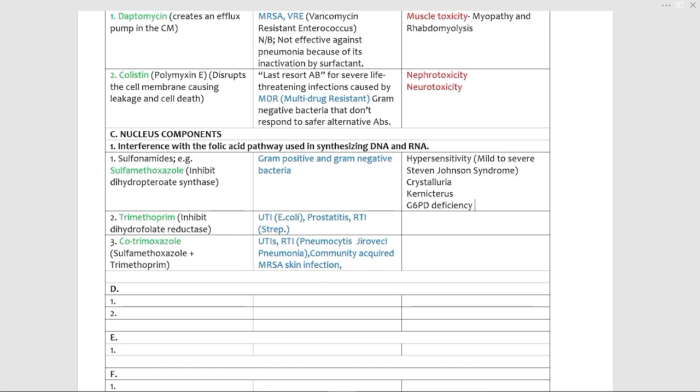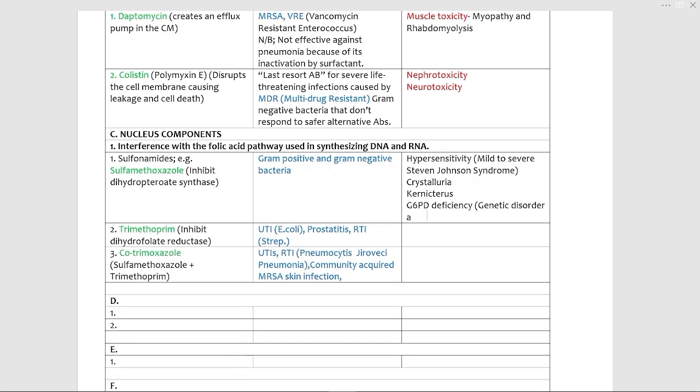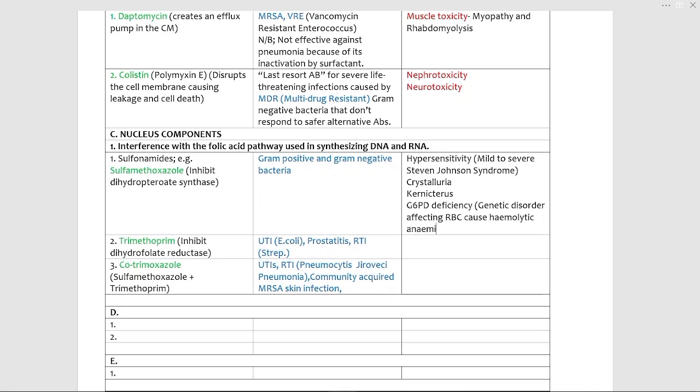Let me put it here in a comma: a genetic disorder affecting RBC, red blood cells. It may cause hemolytic anemia.